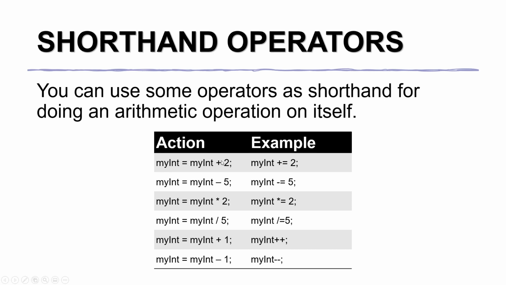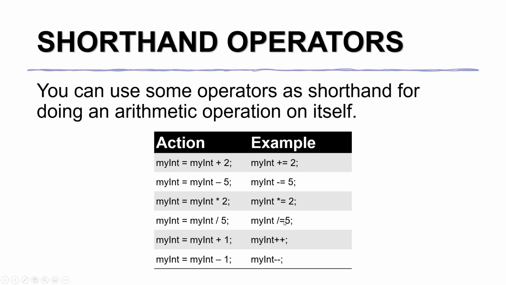That can get kind of a handful after a while. So another way to write that is we can just say my int plus equals 2. And that just means the same thing. And we can do that with the minus. So just minus equals means the same thing as the integer minus 5. Multiplication and division, those 4 work that way.